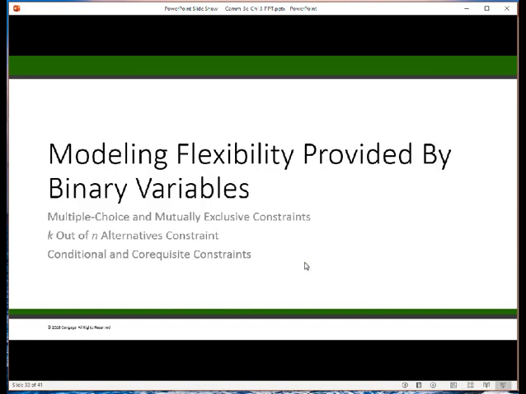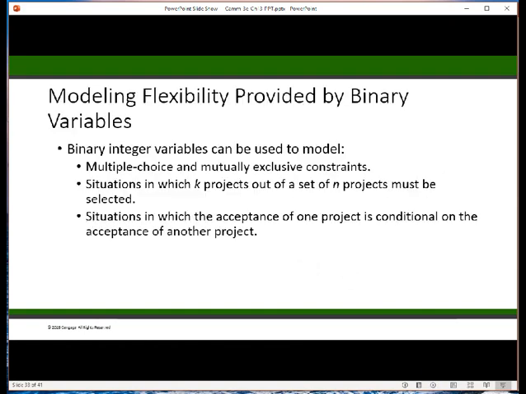Okay, so let's see some other flexibility that we can get with binary variables. Binary variables can also be used for multiple choice or mutually exclusive constraints.